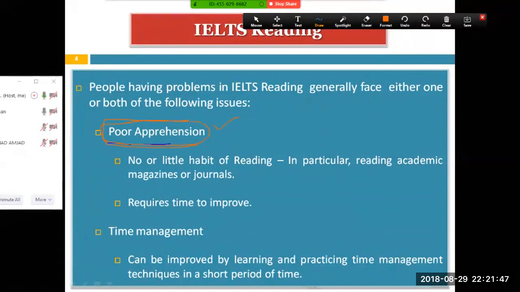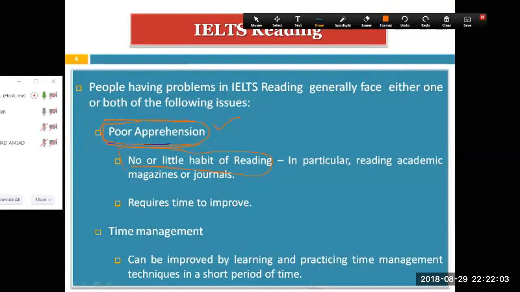This is actually because of maybe little or no habit of reading. I have found doctors and engineers sometimes very weak in reading comprehension. Why? Because their whole focus is on their professional studies, so they fail to adopt a reading habit apart from their academic requirements.